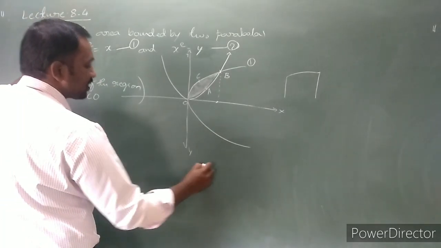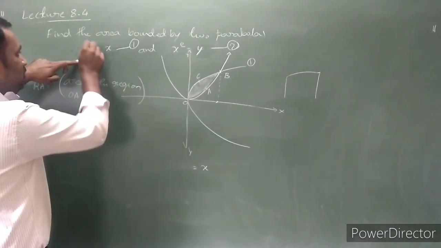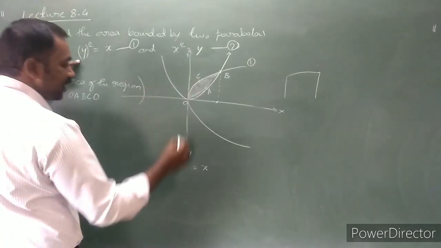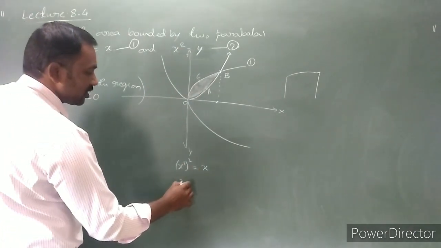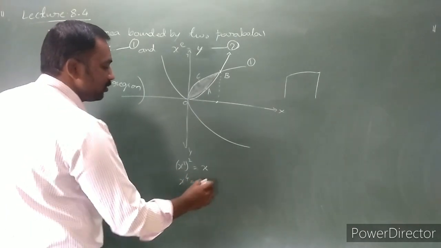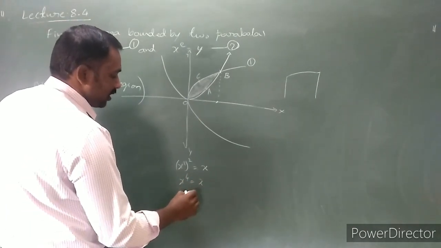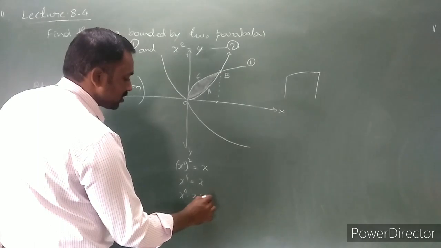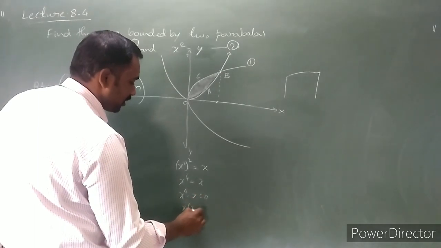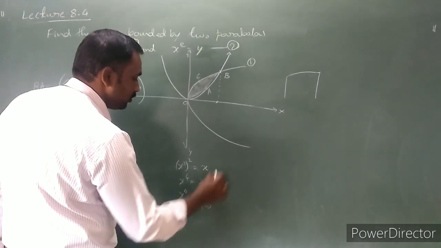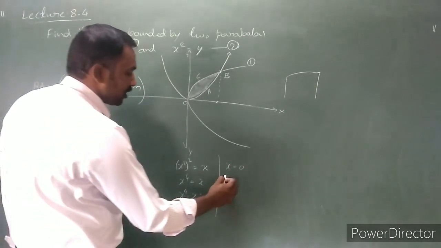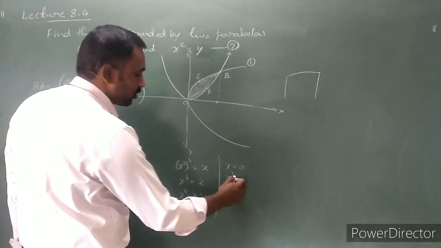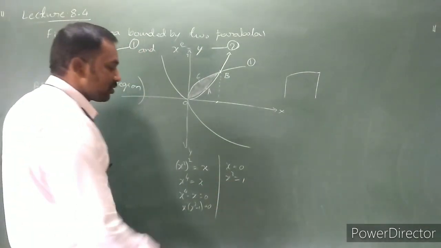Equation number 1, x as it is. y means x square, so this whole square. That means x power 4 is equal to x. That means x power 4 minus x is equal to 0. x is common, so x(x cube minus 1) is equal to 0. So one value is x is equal to 0. Another one is x cube minus 1 is equal to 0, which means that x cube is equal to 1.